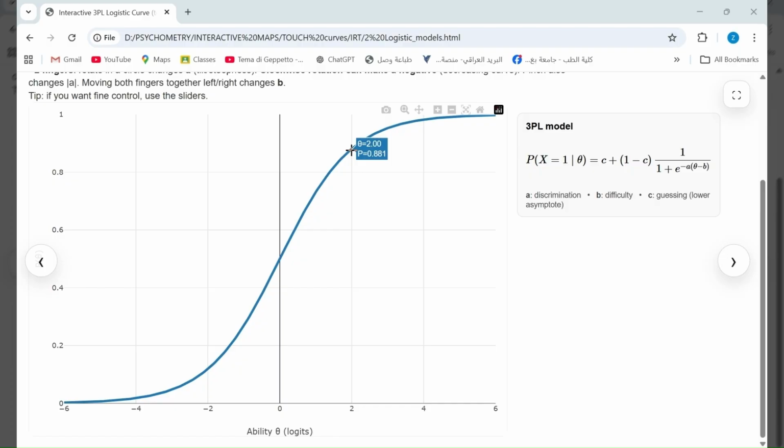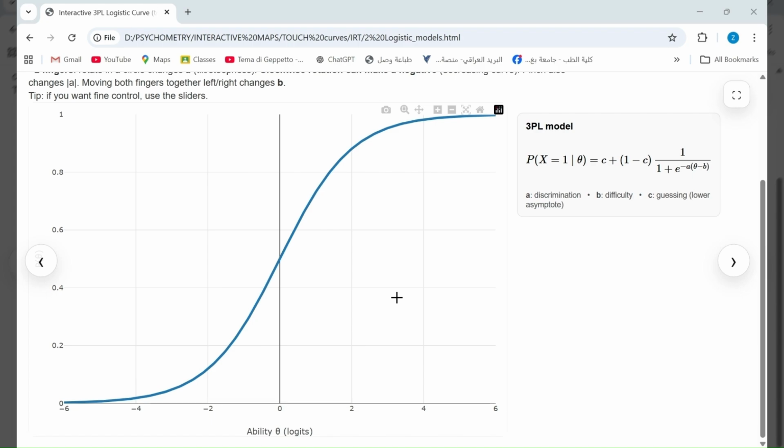The probability will increase with the increase of ability, and decrease with the decrease of ability. And the relationship is that logistic relationship. As ability goes down, down, down, approaching negative infinity, the probability will approach zero. As ability goes up, up, up, it will approach one, but it will never reach one, and it will never reach zero.